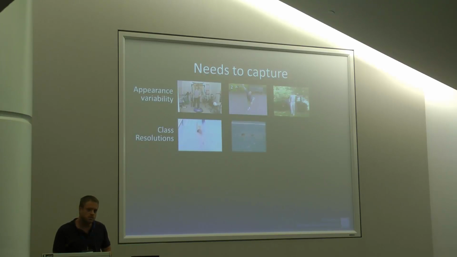Are these two videos of people swimming? Or are these two videos of two people, one of them backstroking and the other one, I'm not sure what that particular stroke is called, but a different stroke. So at what level do we define the class labels? This is a problem in images, as I mentioned earlier. I think this is a problem which is much more acute when you're talking about videos.